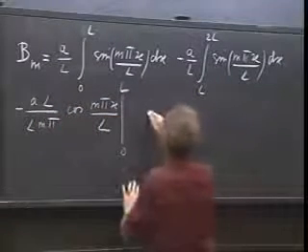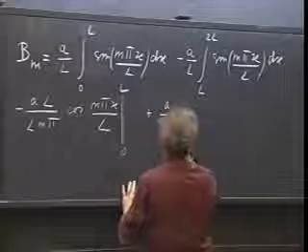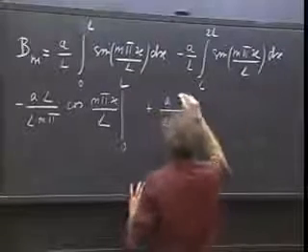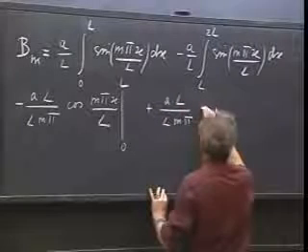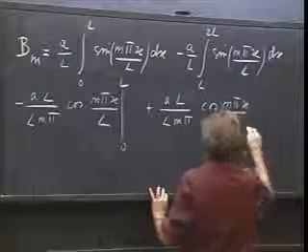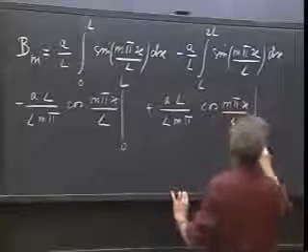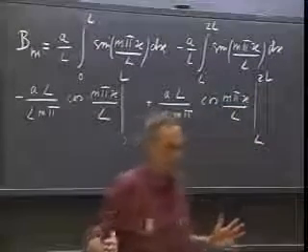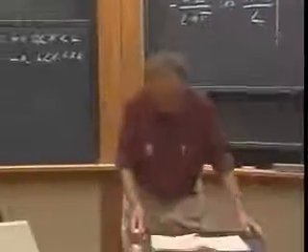So I get plus a divided by L, I get m pi downstairs, I get L upstairs, and then I get the cosine of m pi x divided by L, and I have to evaluate that between L and 2L. That's all I have to do. That is the integral, a very simple one.